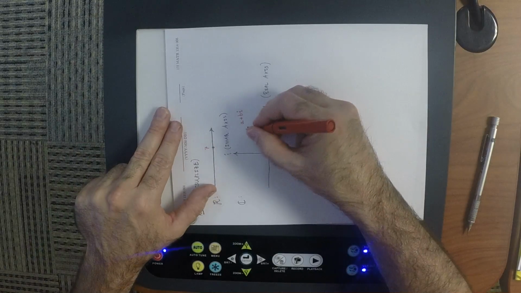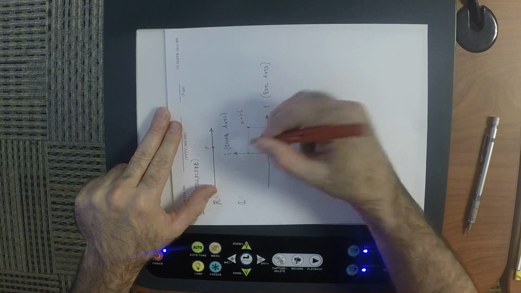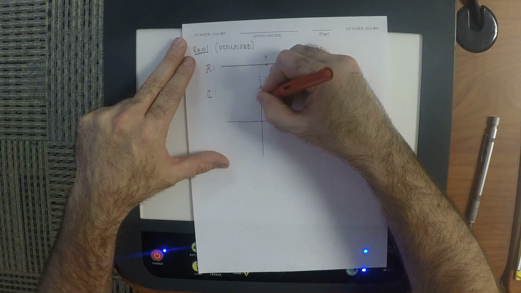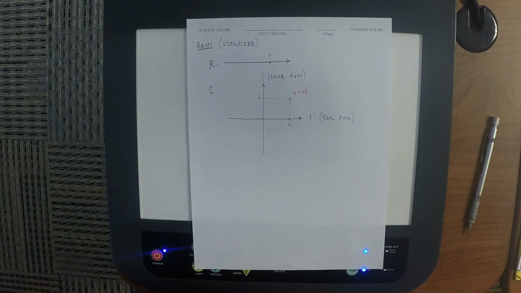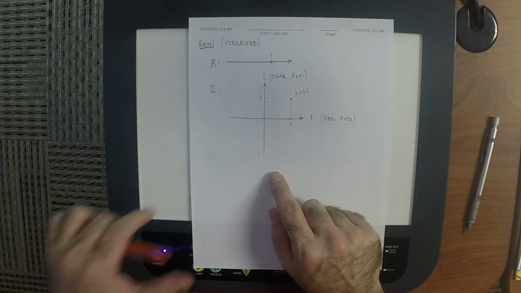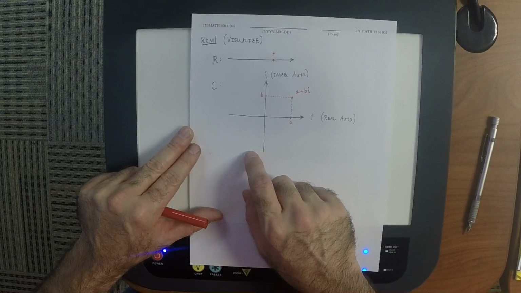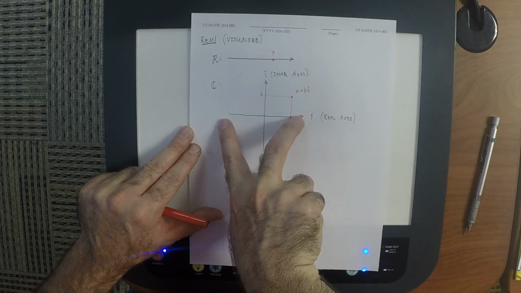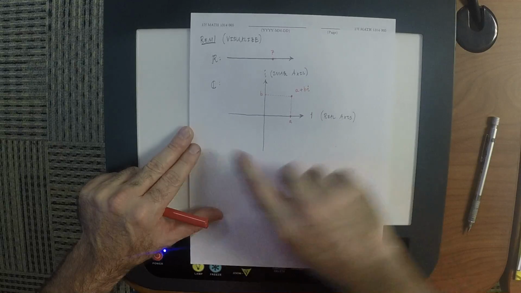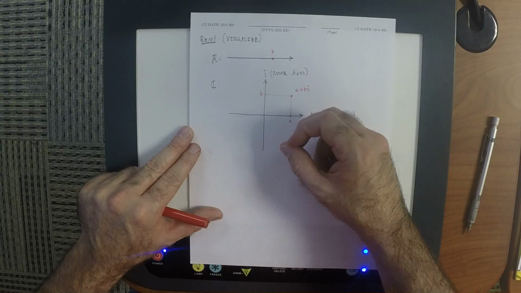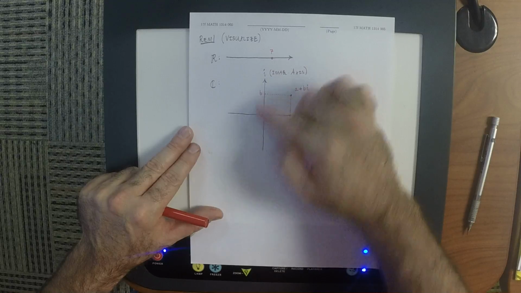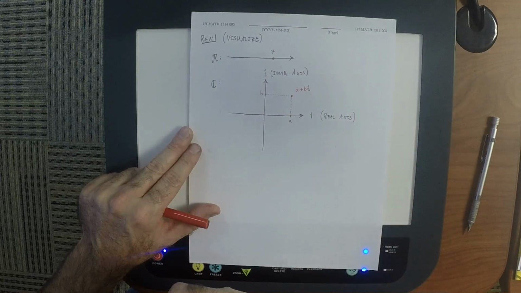And if you were to go straight to the imaginary axis, you'd measure this to be B. Because I drew no scale, you can't tell me the size of A or B, but you can still tell me the sign of A and B. What's the sign of A? Positive. The real part is positive because it's to the right of the origin. And B is also positive because it's above the vertical origin.